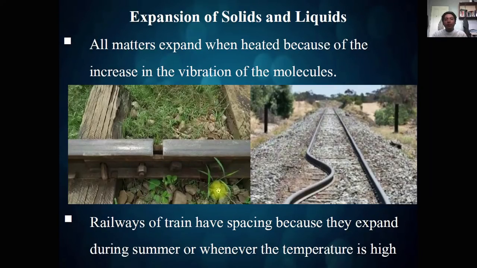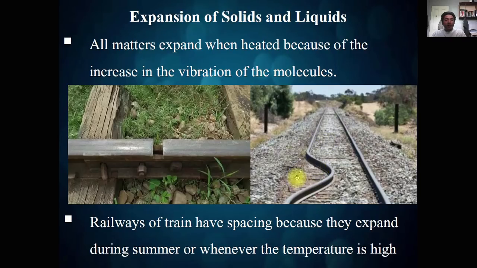All matter expands when heated because of the increase in the vibration of the molecules. Actually, that is a microscopic definition: when we increase the heat, the vibration of the molecules in the body increases. Here we have an image of a train railway. On the left side is a good example of a railway that has a gap in between, and the right is a bad design.